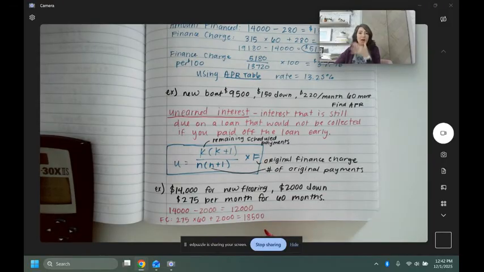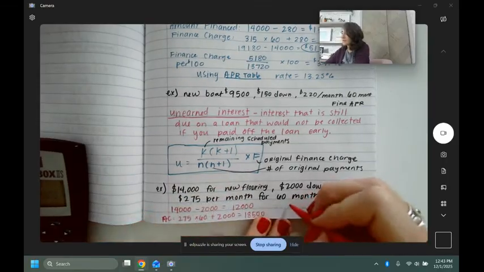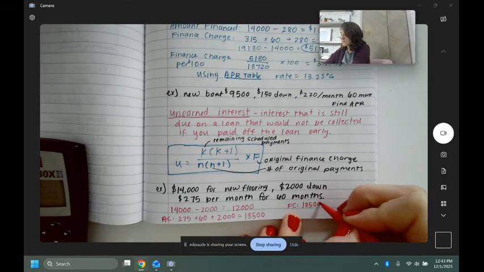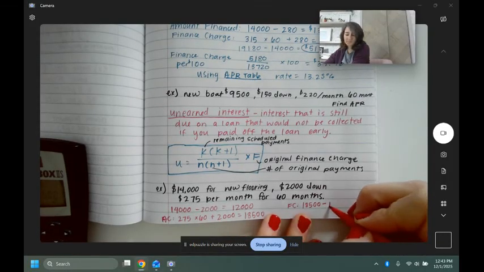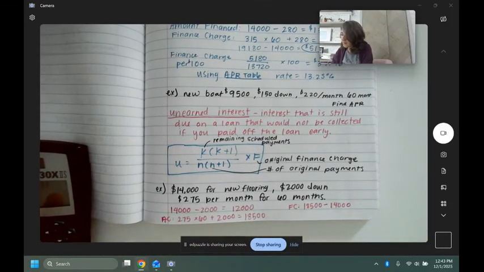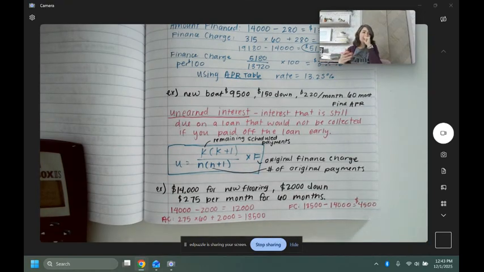That's how much it's going to cost me total. The finance charge would be the difference, minus the total sale price, which is $4,500. So it's going to cost me $4,500 to finance this loan.